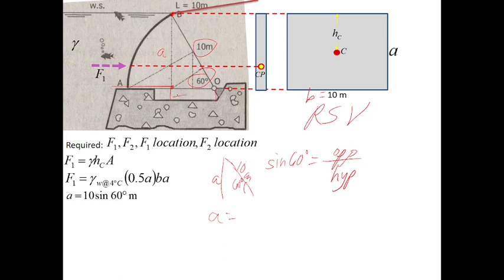Sabihin natin ay Z, pero hindi natin concern yan. Kahit wag na natin lagyan ng letter. Ang concern lang natin ay A. So ito yung opposite side, kasi ito yung 60 degrees. Opposite side with respect to 60 degrees is A.